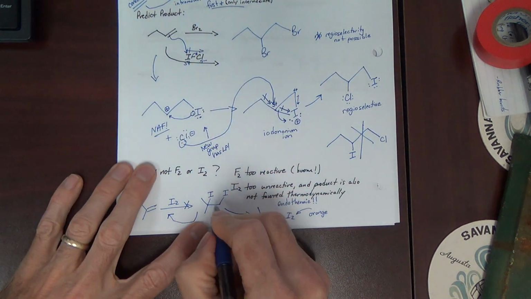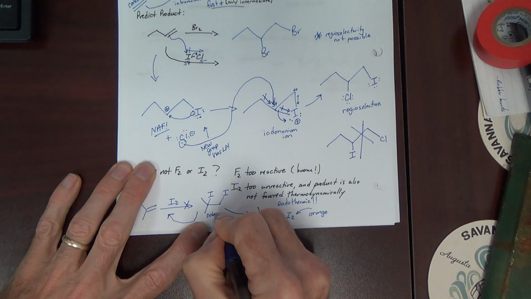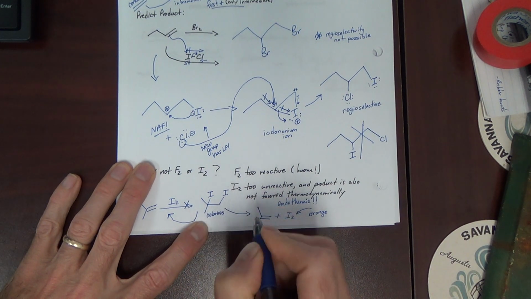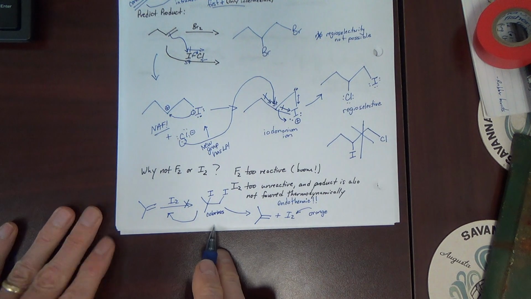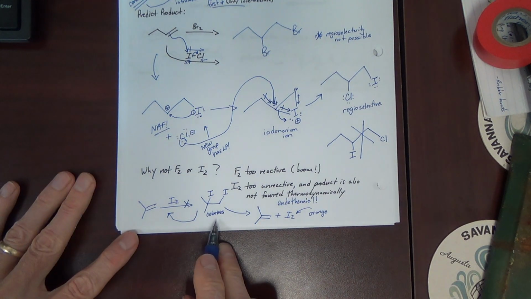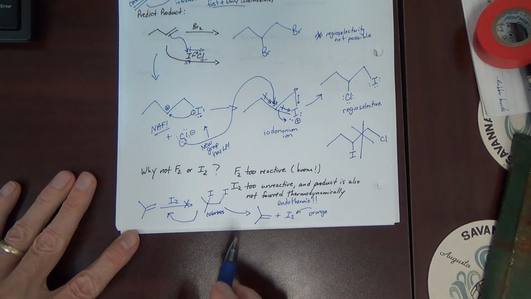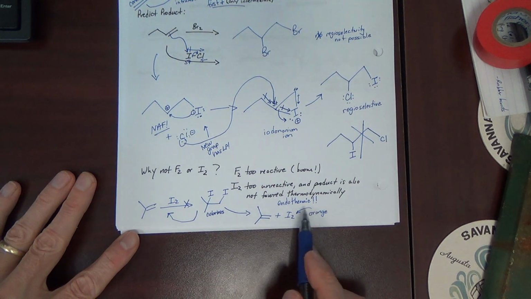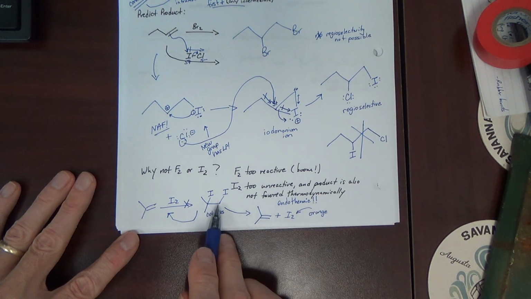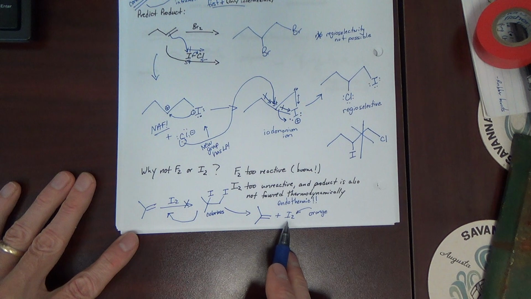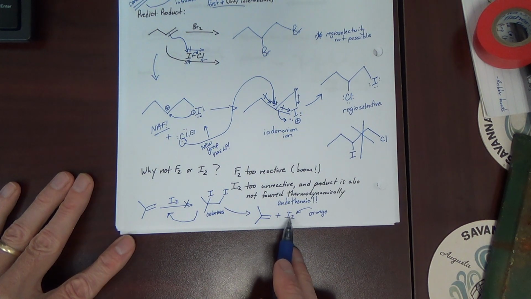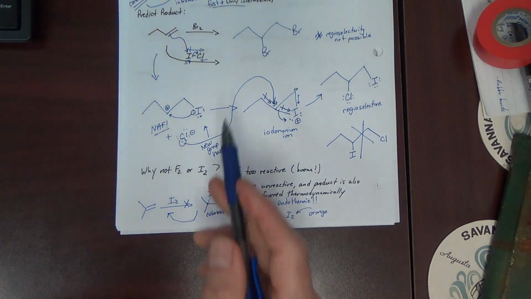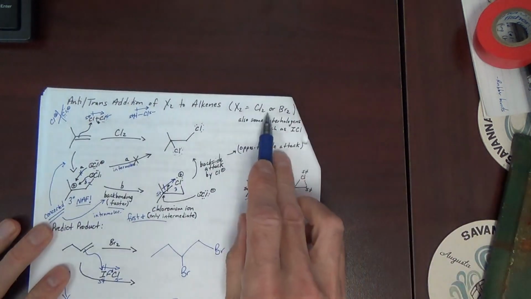The reason I point this out is because you may have a colorless product, colorless like water or methanol or some common solvent. But as it ages, it starts to turn orange colored, and that's probably because the reaction is reversing and forming elemental iodine. So in the end, this is most commonly seen with chlorine and bromine.